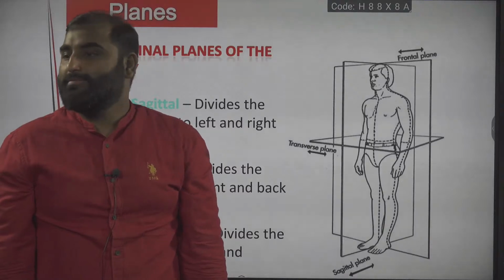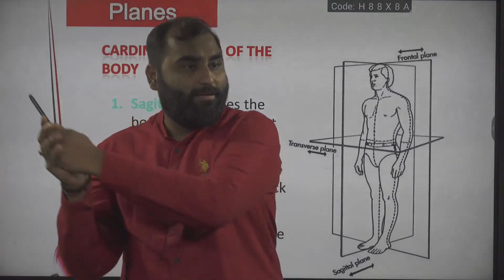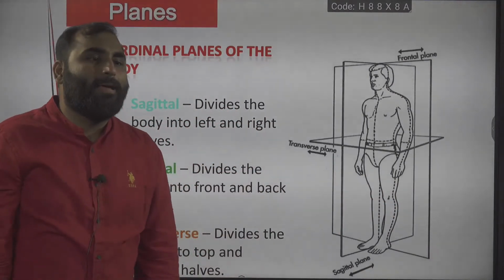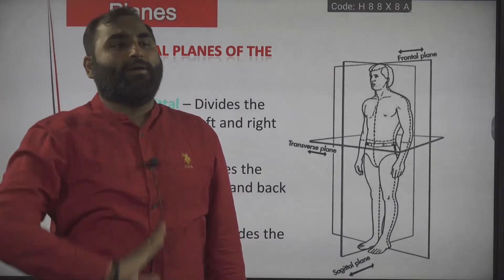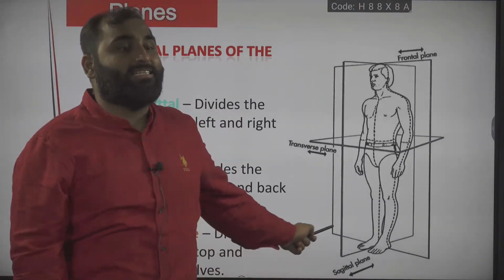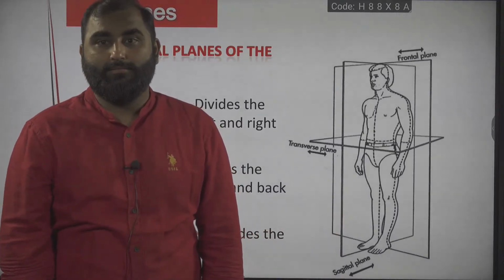Yes, everyone? So how many planes have we seen? One is the horizontal transverse plane, passing through head to foot. Passing through the midline, that is the sagittal plane. And last, the third plane.